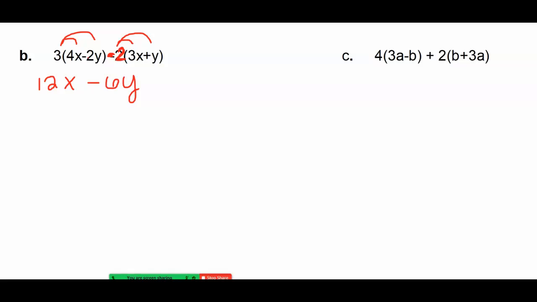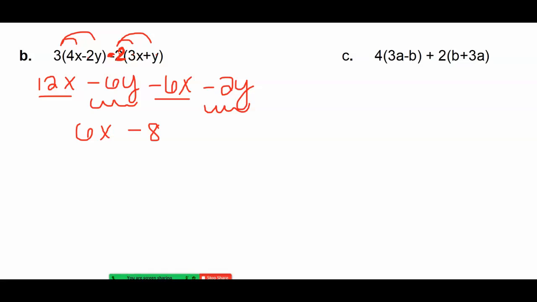So negative 2 times 3 is negative 6x, and negative 2 times y is negative 2y. 12x minus 6x is 6x. Negative 6y minus 2y is negative 8y.